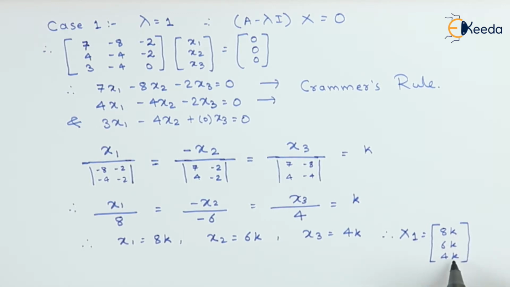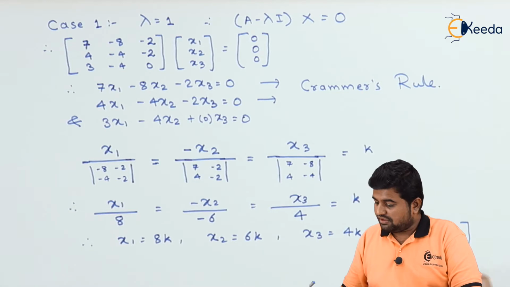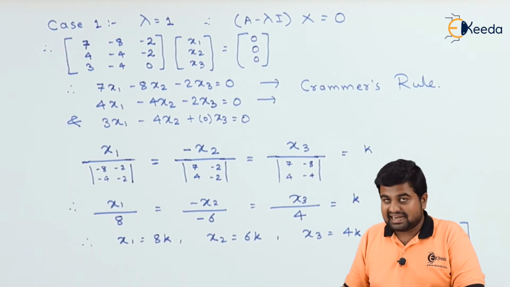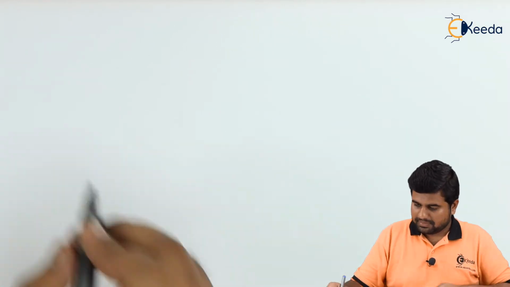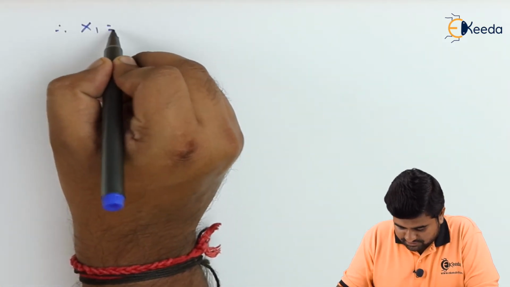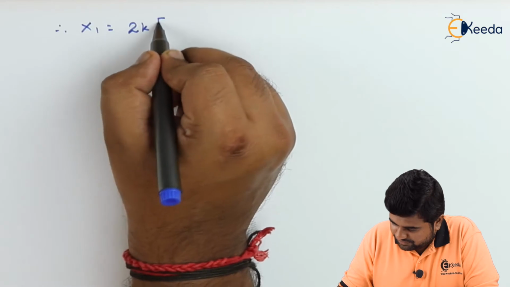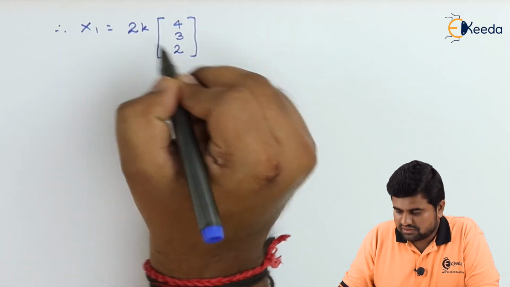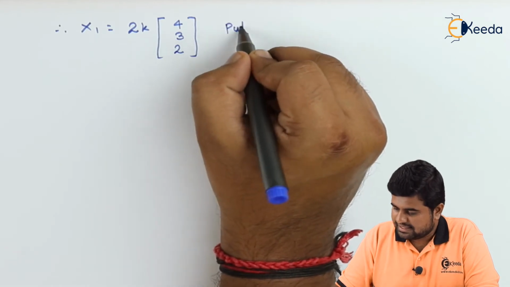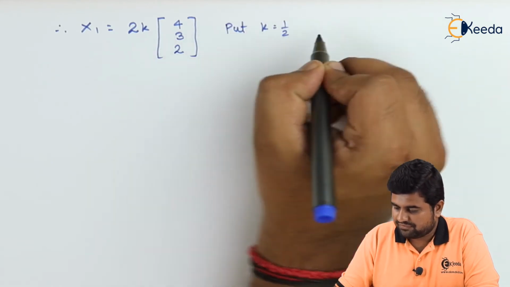Now we can take 2k common from this, and we'll be getting x1 is equal to 2k into 4, 3 and 2. Now we'll put k is equal to half.